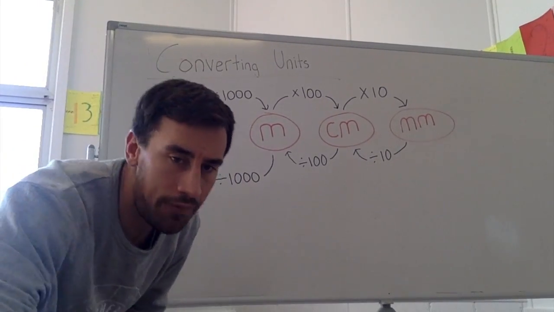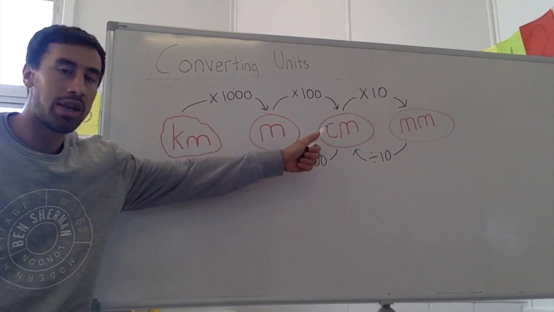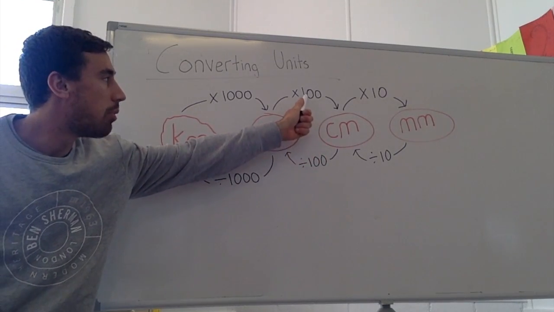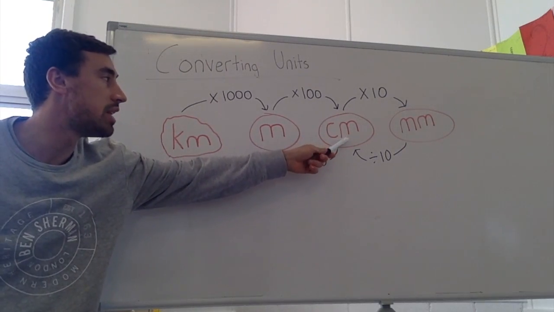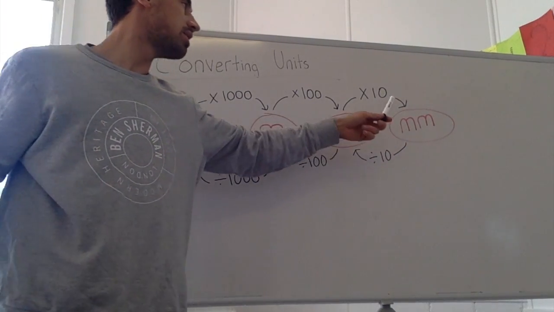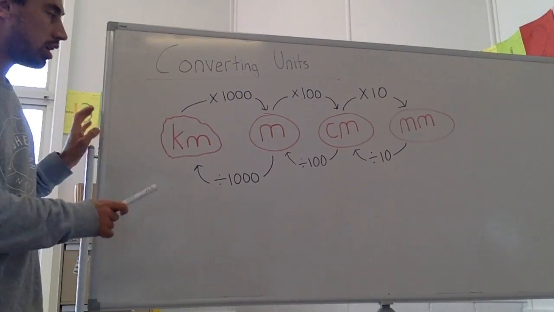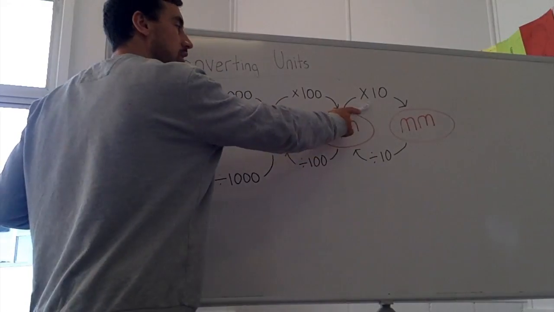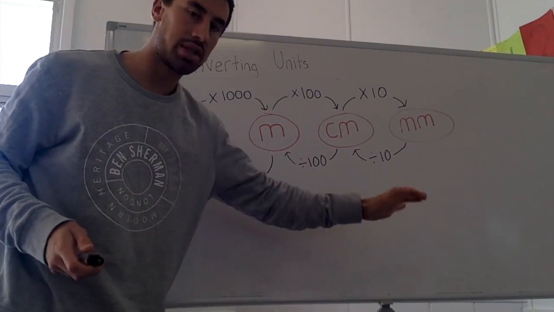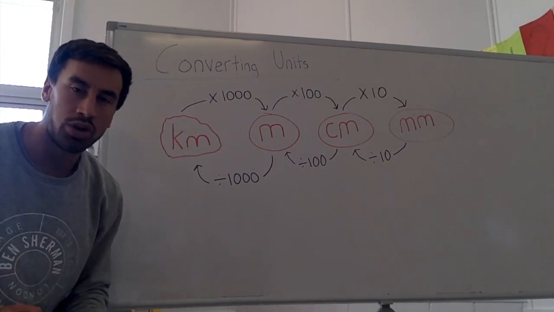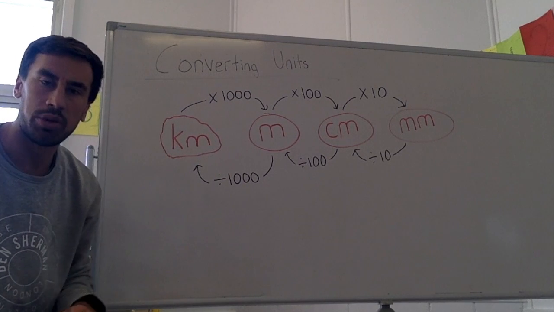And then if we want to transfer the metres into centimetres, we multiply by 100. And then if we want to transfer centimetres into millimetres, we multiply by 10. So we're using multiplication if we're going from kilometres to metres to centimetres to millimetres. So our unit of measurement is actually getting a little bit smaller.